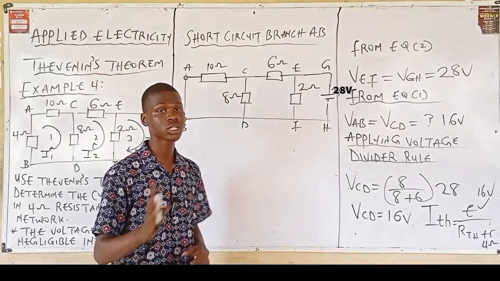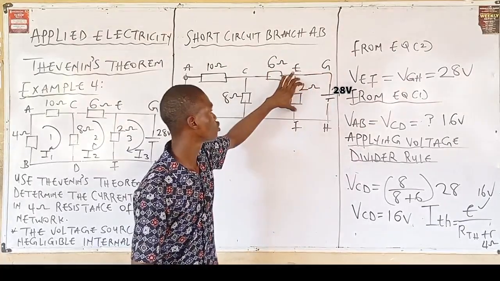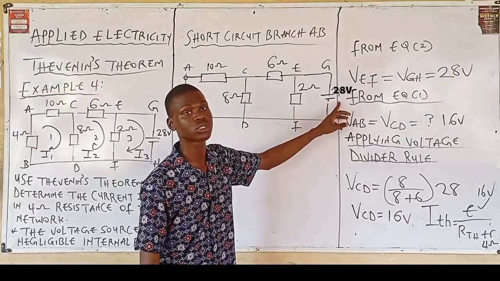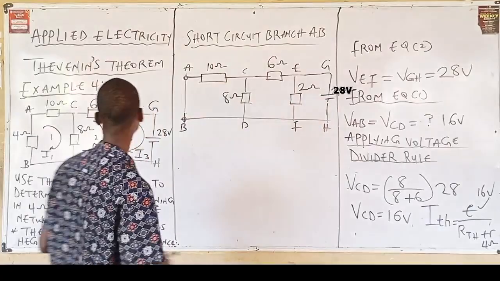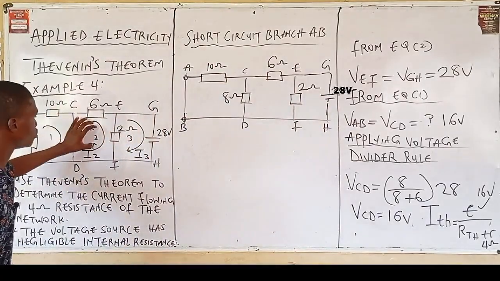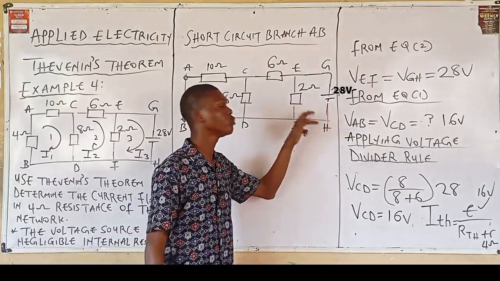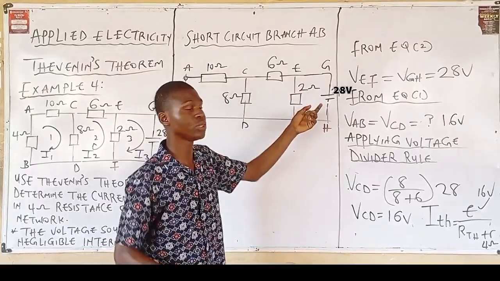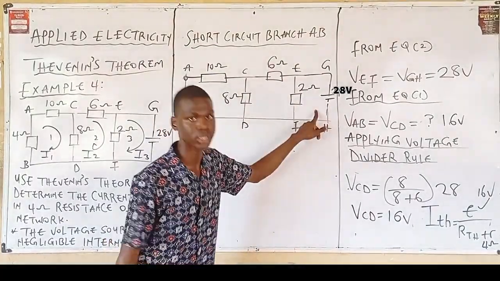Now, one thing you need to take note of as well is that as you are removing this 24 volts, your 2 ohms is going as well. Earlier I said this is loop 1, loop 2, and loop 3. Your 24 volts is in loop 3, meaning that removing it, you're also removing the resistor attached to loop 3.